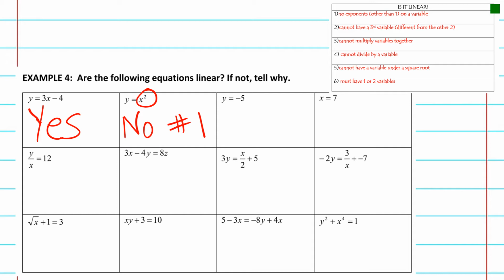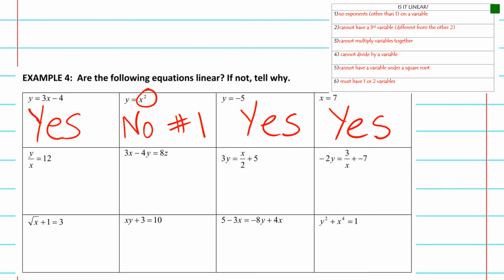All right, moving on to y equals negative 5. So if I look through the rules, I'm okay with number 1. I'm okay with number 2. I'm okay with 3. I'm okay with 4. I'm okay with 5. And it has to have 1 or 2 variables. That has 1, so yes, this is linear. And for the same reason, y equals 7 is also linear.